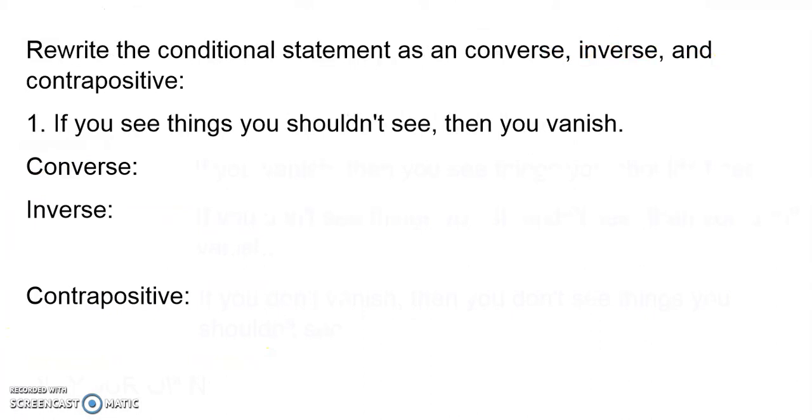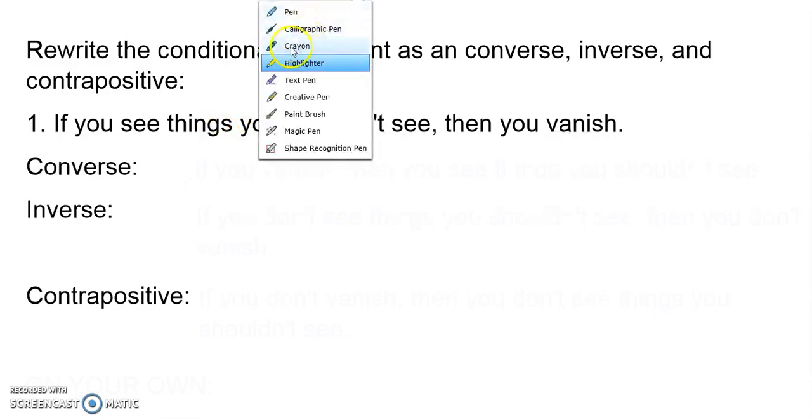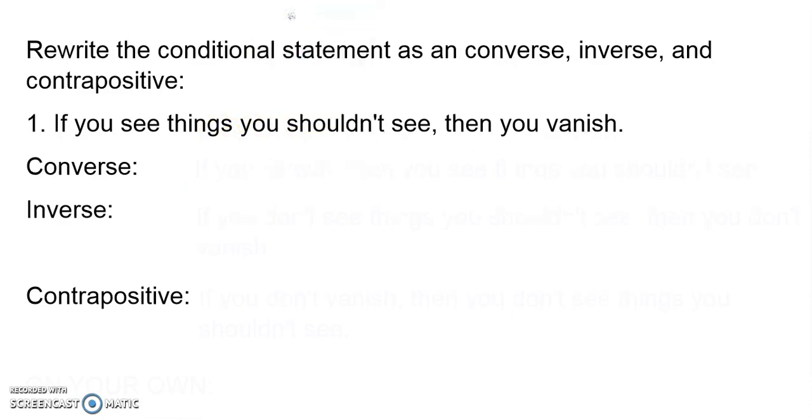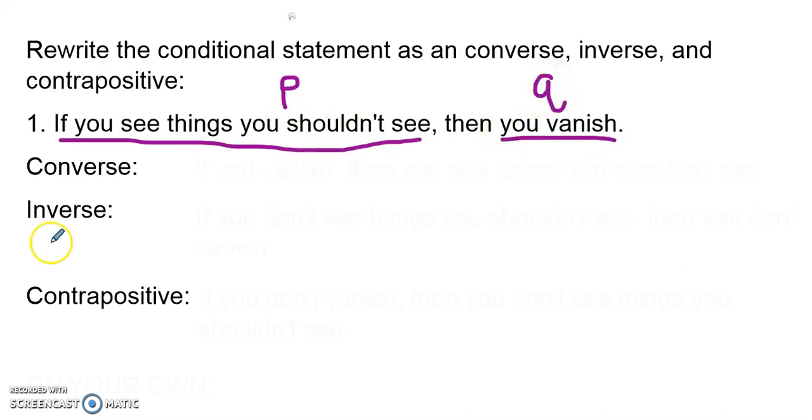Okay, so this is one of the conditional statements that we went over in class from the DirecTV video. If you see things you shouldn't see, then you vanish. We could think of seeing things we shouldn't see as our P, and you vanish as our Q. So when we write the converse, we just simply want to switch the P and Q. So I'll take the Q and put it in the front.